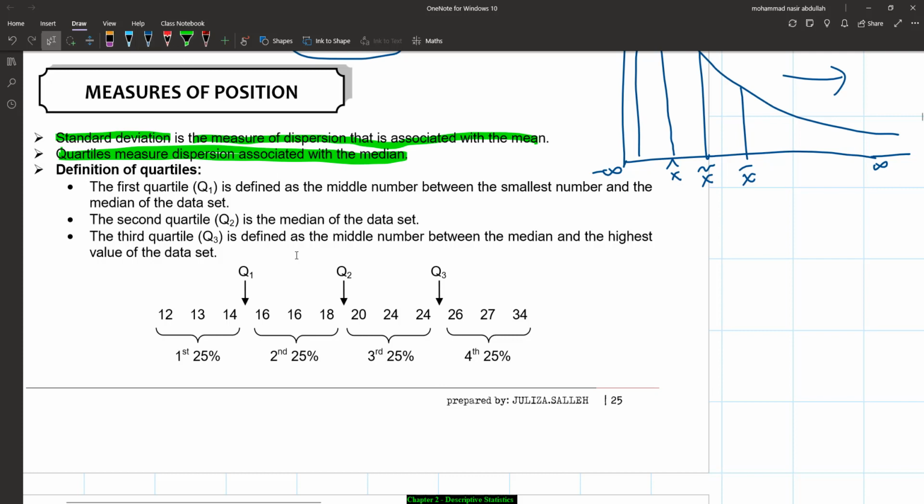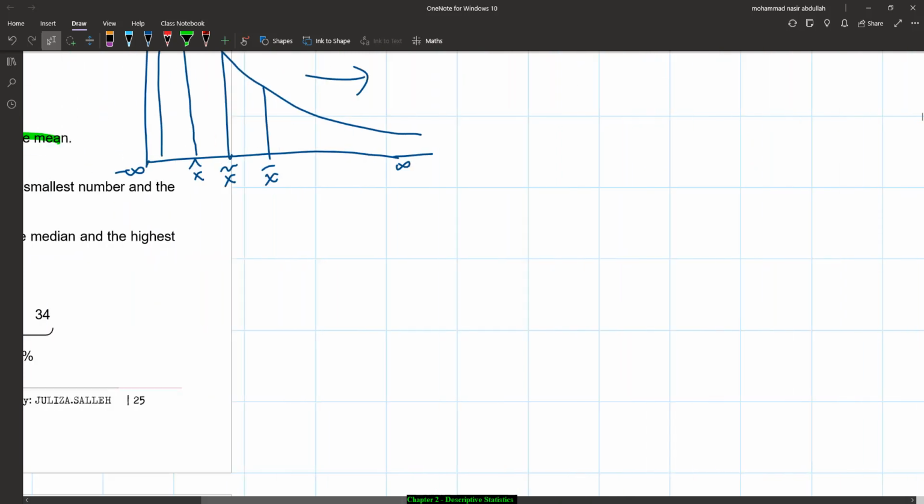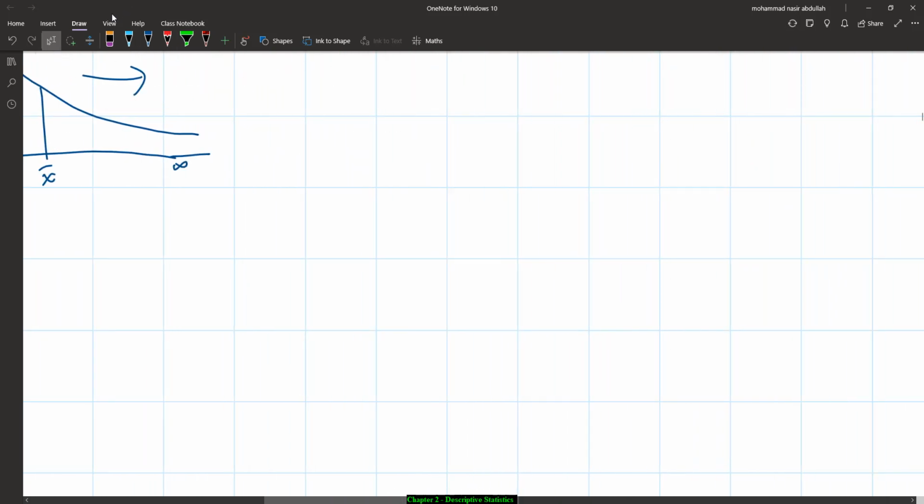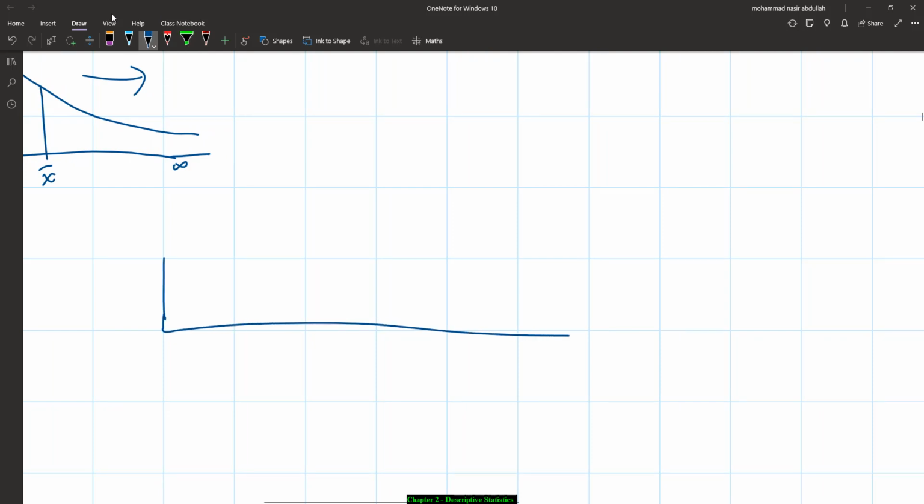So now let me explain the nature or characteristic of the quartile. Let's say we have 100% of data. Let's say we have some data: 5, 6, 7, 8, 9, 10, 11. So we have n equal to 7. The total data is 100%.